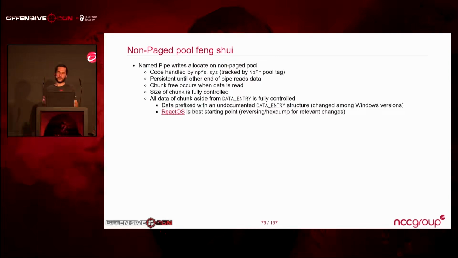What is really cool is that you control the size, because it depends on how much you write per write. And you control most of the data. The only thing is there is a data entry structure that dictates some information, which you don't control, but it's small enough, and for us, it didn't cause any problem.